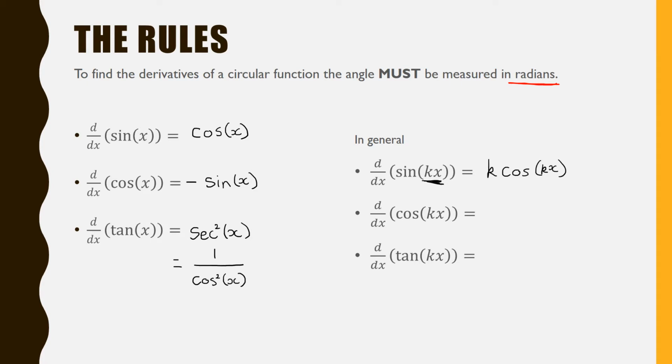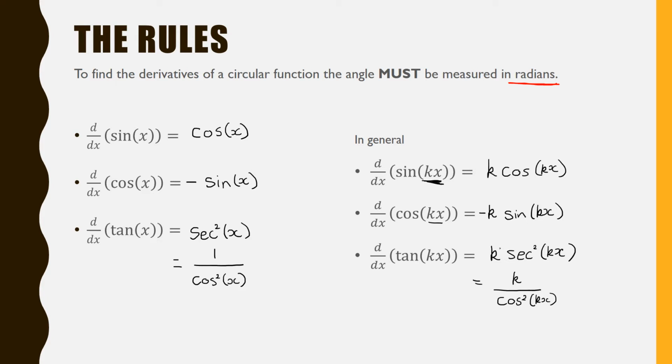The derivative of cos of kx is negative k sine of kx. And the derivative of tan of kx is k sec squared kx. And once again, sec squared is the same as saying 1 over cos squared. So let's actually look at some examples and work through these together.